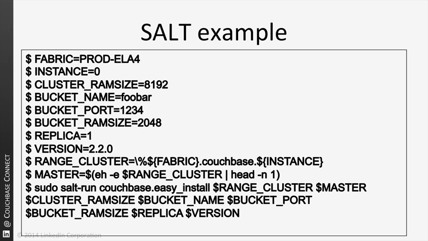And then we also fetch the name of the SALT master we're going to use. And then I basically run this one command, sudo salt run couchbase easy install, with all my variables. And it builds my Couchbase cluster in less than 2 minutes, completely configured, completely set up.